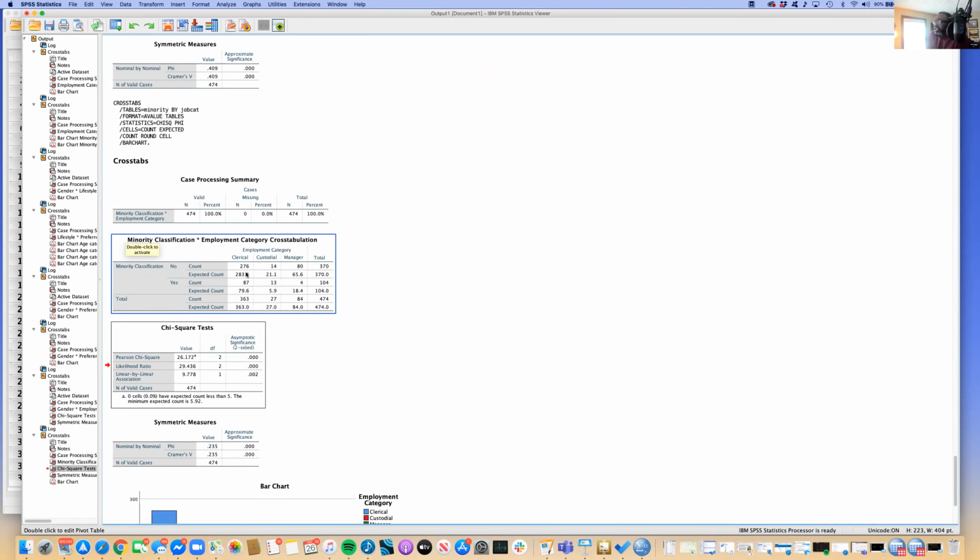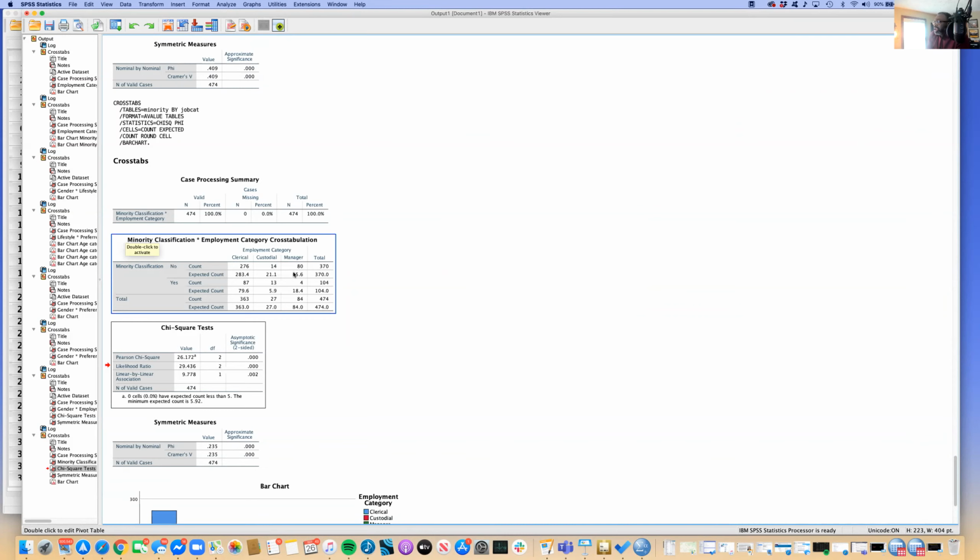We instead get 276. We would expect a count of 21 in custodial, but we actually got 14. We would expect a count of managers of 65.6, and we actually got 80.